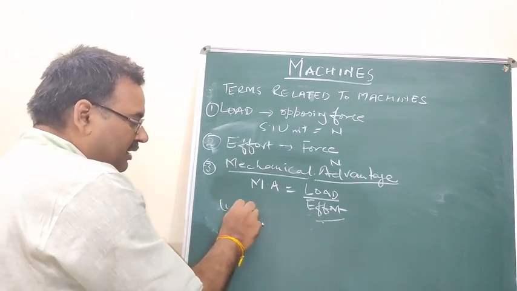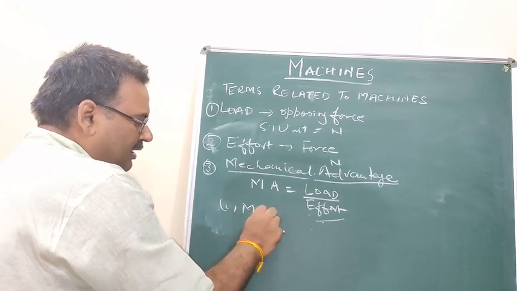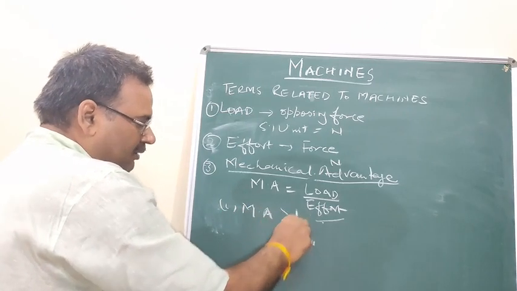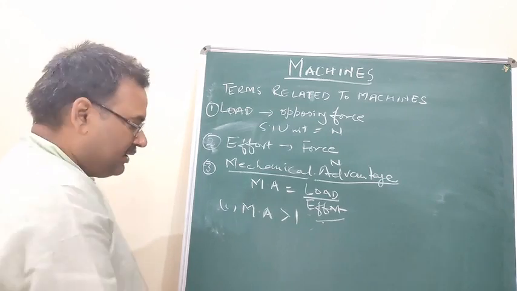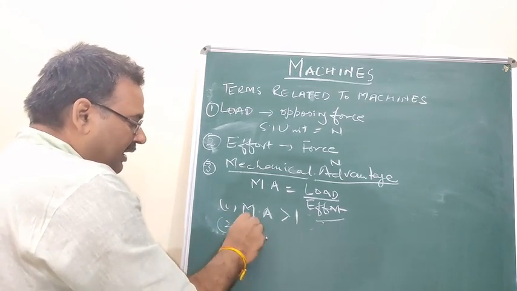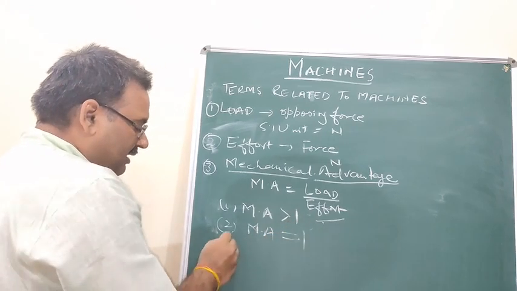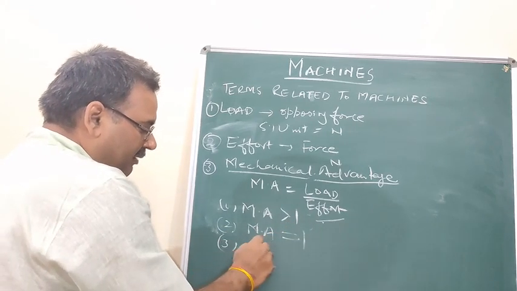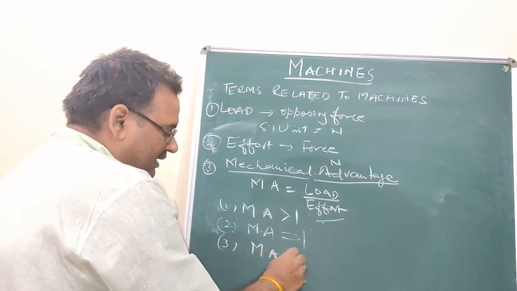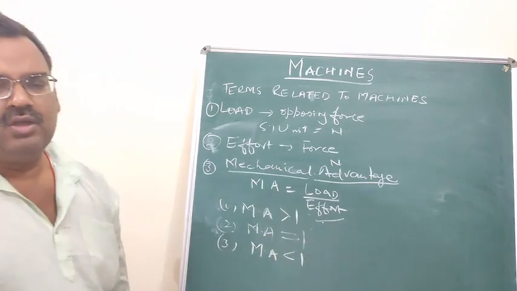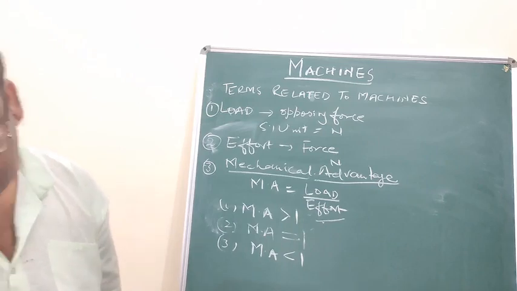First one, MA greater than 1. Second one, MA equal to 1. Third one, MA less than 1. So from this formula we can have three kinds of machines.